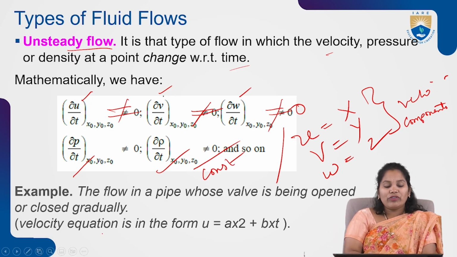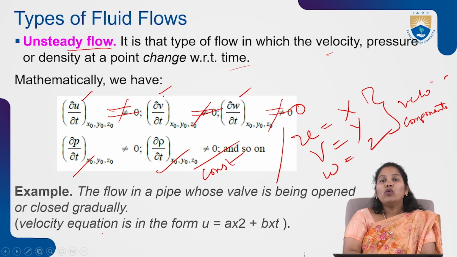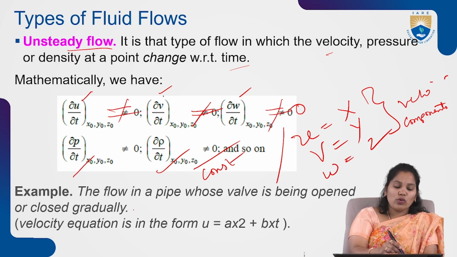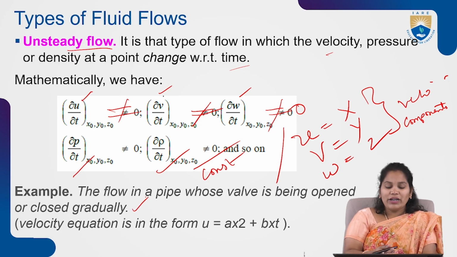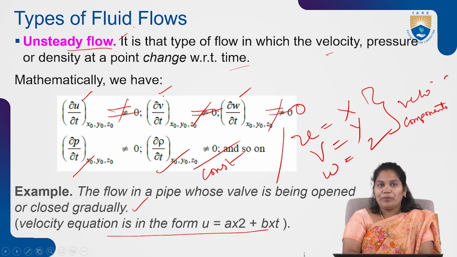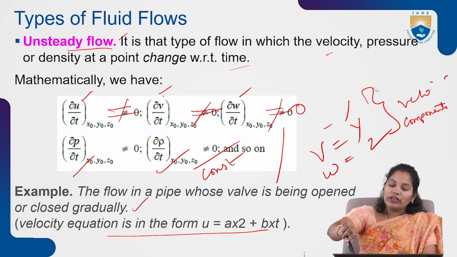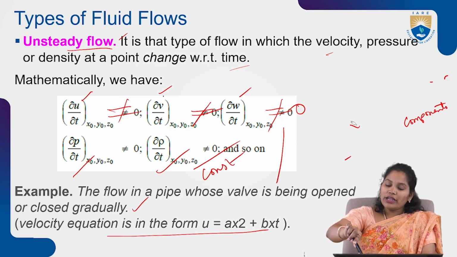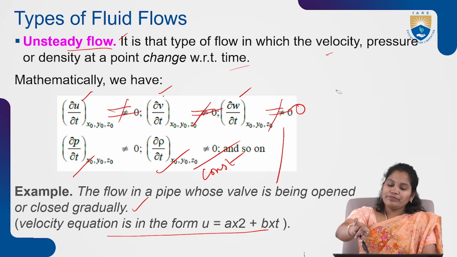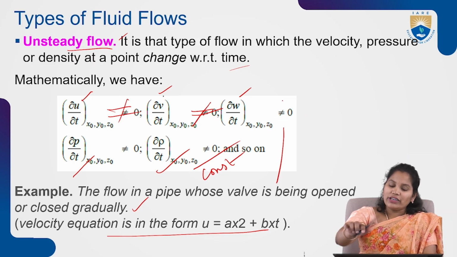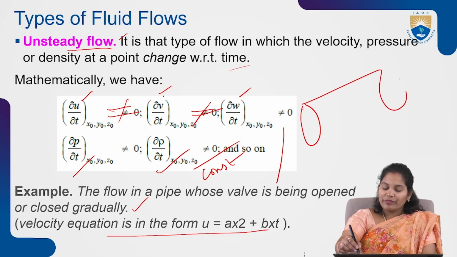So the example for this is the flow in a pipe whose valve is being opened or closed gradually. U is equal to ax square plus bxt. This is the velocity equation for unsteady flow. Right? So here, if you take a pipe, let us take a fluid pipe.